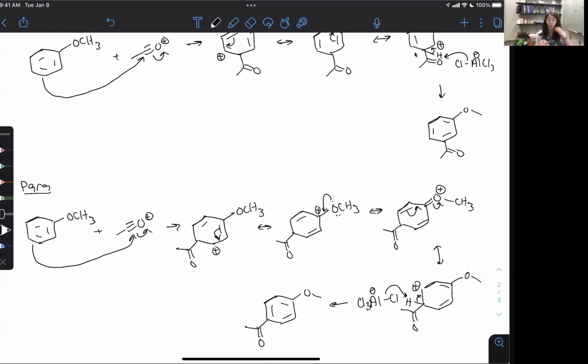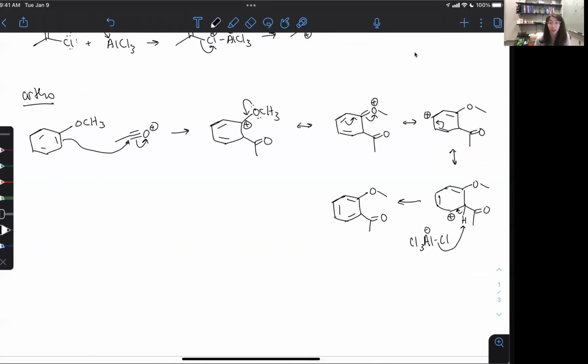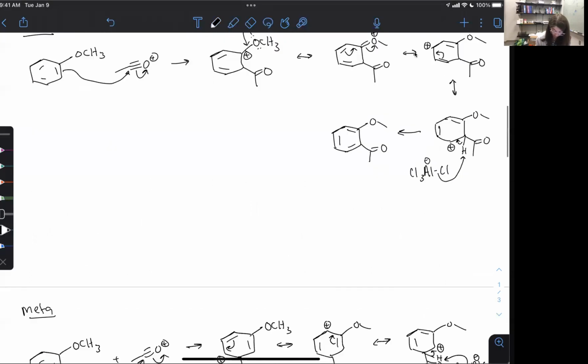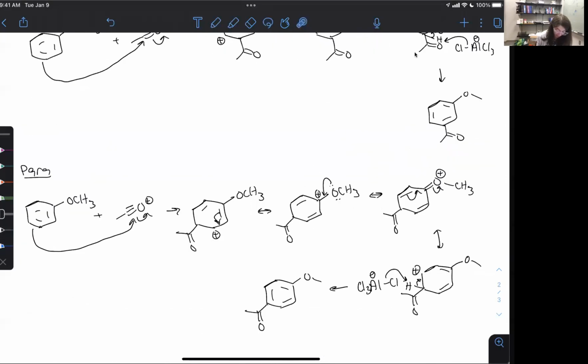Okay, so what we've got here, my resonance structures for the para are pretty much identical to the ones in the ortho position, right? So anything that puts it in the ortho or the para, those are going to be the same resonance structure. You're going to end up with the same carbocations for both of them in pretty much all cases.